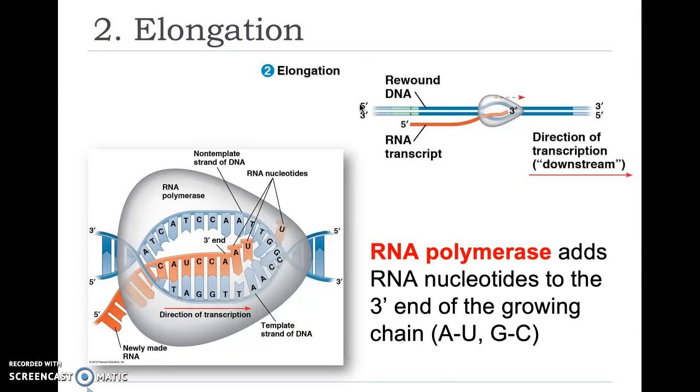Remember, when you're doing transcription, you need to work off the 3' to 5' end of DNA, and you are building an mRNA strand in the 5' to 3' direction. The way that you work is from left to right, and again, left to right is known as working downstream.